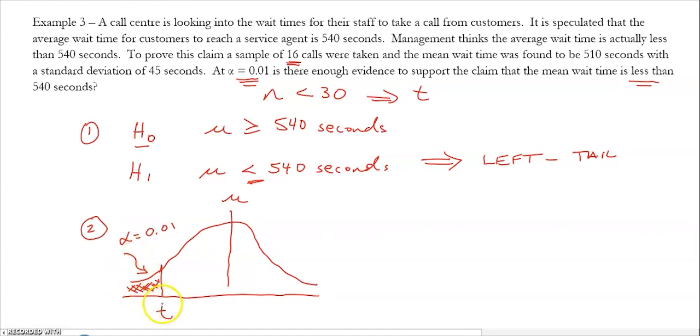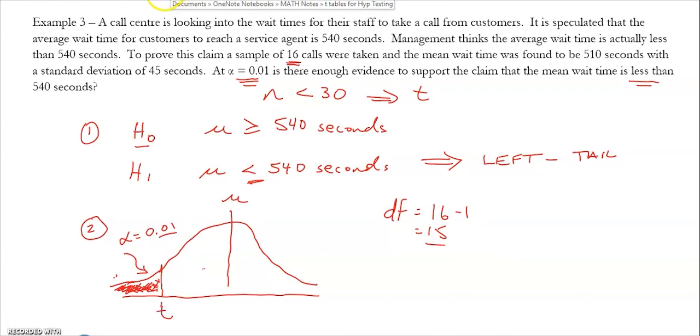And we need to go and find the t-value that is going to separate the rejection region or critical region from the non-critical region. Now, we are using a t-value, and the degrees of freedom in this case is 16 minus 1, which is 15. So we need to look at the one tail with alpha 0.01 and degrees of freedom 15.